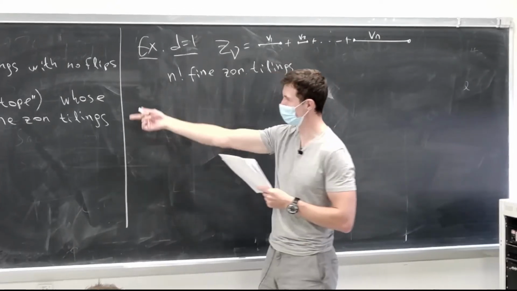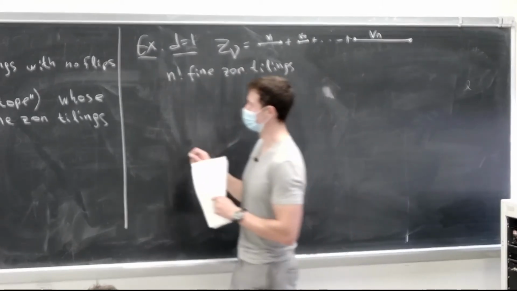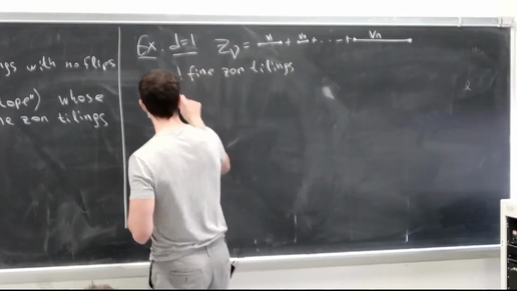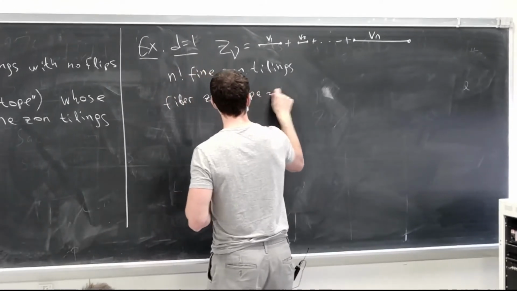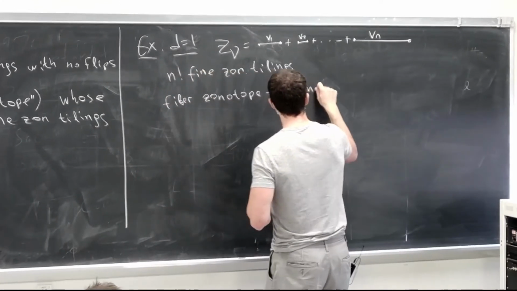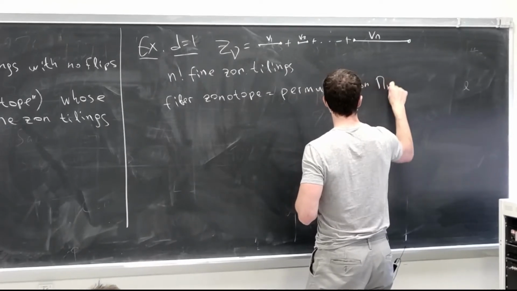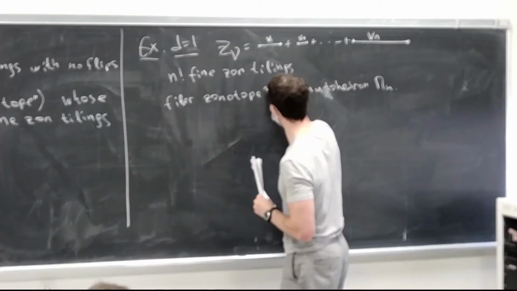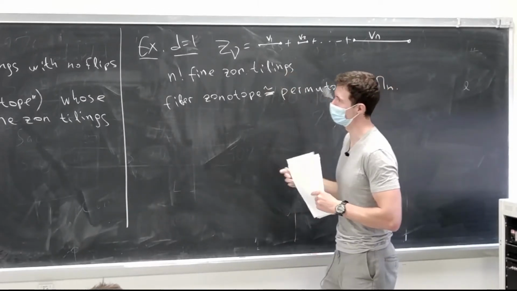So what is this polytope? What is the fiber zonotope? In this case the fiber zonotope is the permutahedron. Well, it's combinatorially equivalent, which by the way is a zonotope.